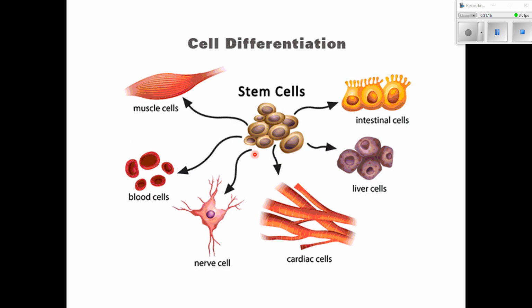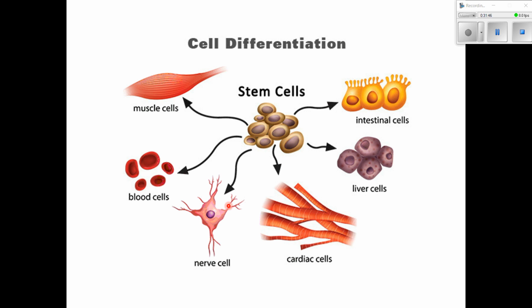All right, and then just a quick point I want to make here, that when, let's say we're talking about embryonic stem cells, just as an example, when stem cells do specialize, and certain genes are switched on and certain genes are switched off, so that those cells will now develop into muscle cells or blood cells or nerve cells or whatever, we're not changing the genes.